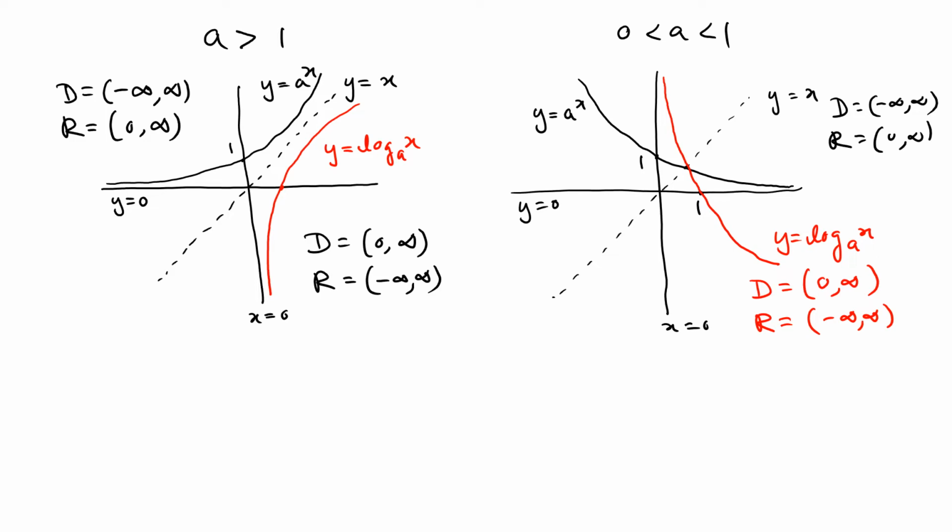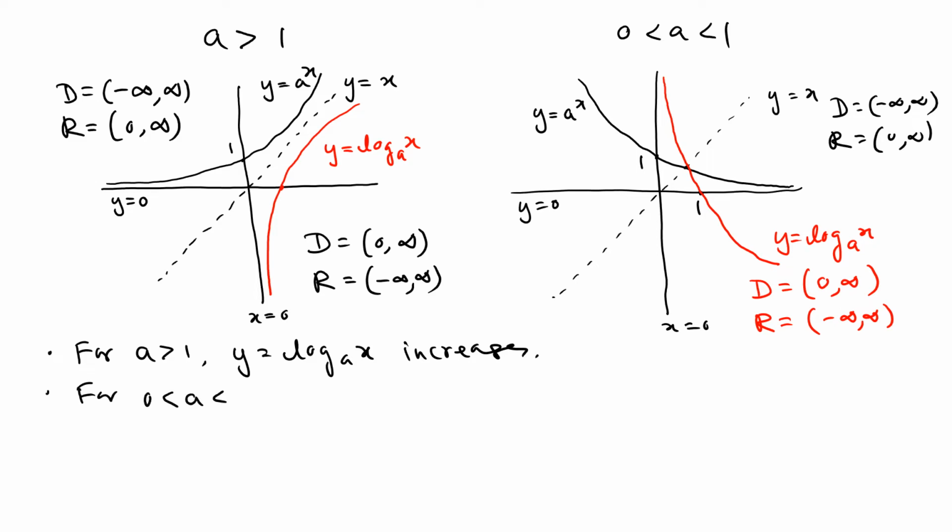So one property is for a greater than 1, y equal log base a of x increases, and for a between 0 and 1, y equal log base a of x decreases.